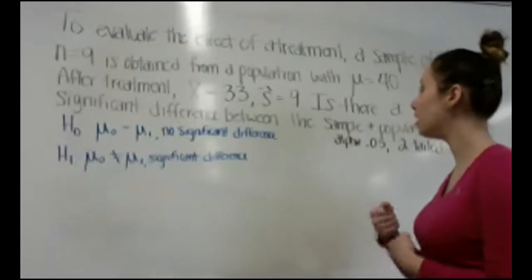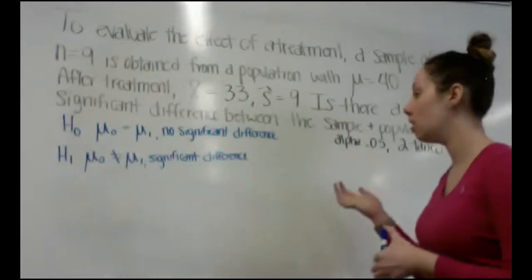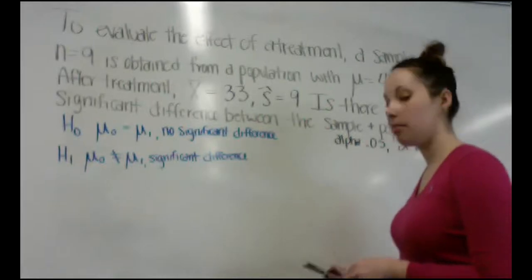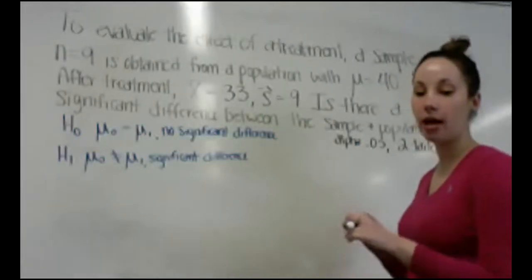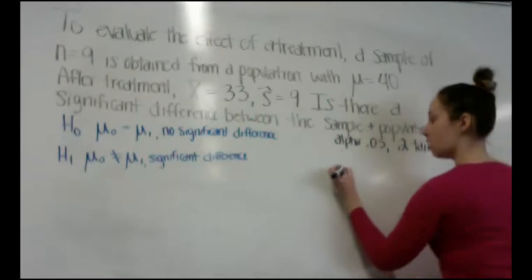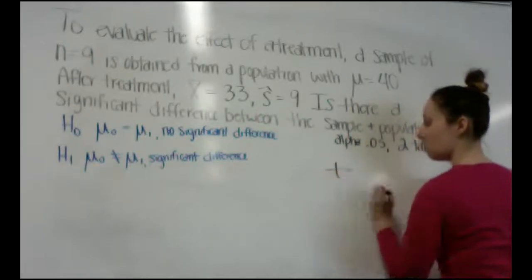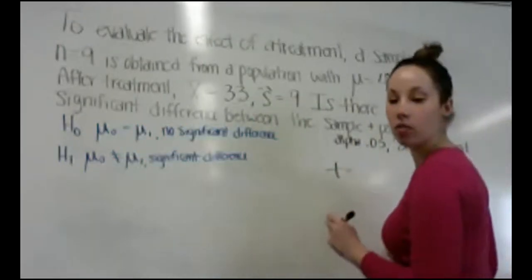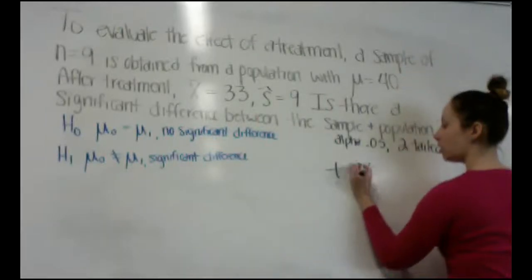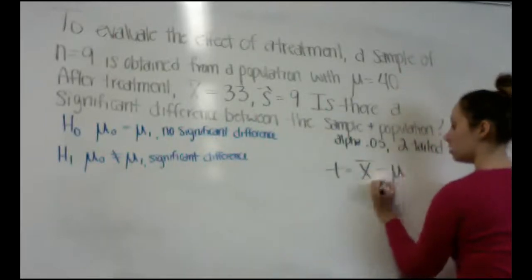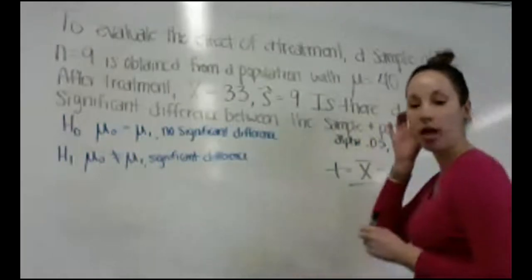Next, we're going to go ahead and set up our t equation. If you remember from our slides, this is the formula for t. For our t-test, we've got our sample mean. It's very similar to our z formula that we talked about in Chapter 8.